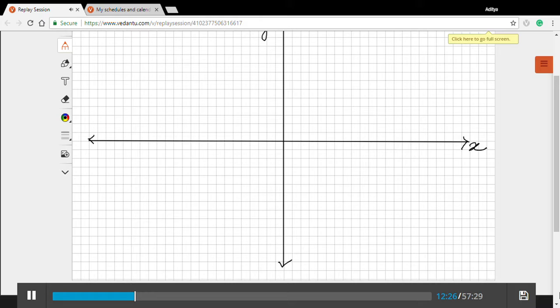From -13 to +5, that is 1, 2, 3, 4, 5. I'm just going to mark it over here: 1, 2, 3, up to 13. You see it's +5, here we've got +5.